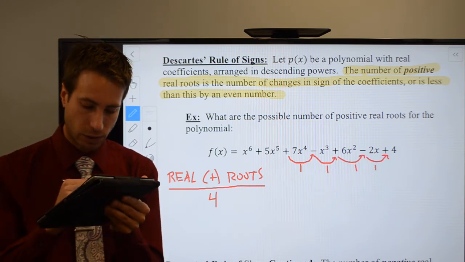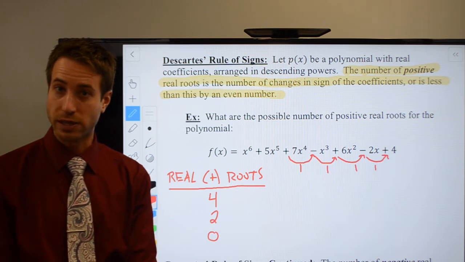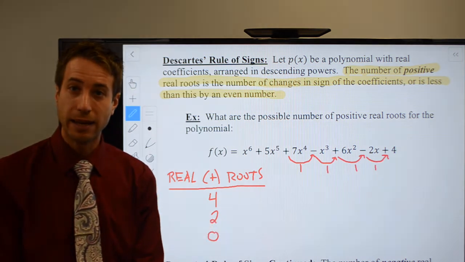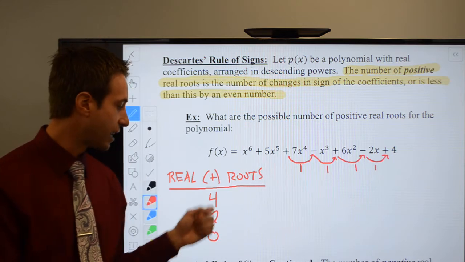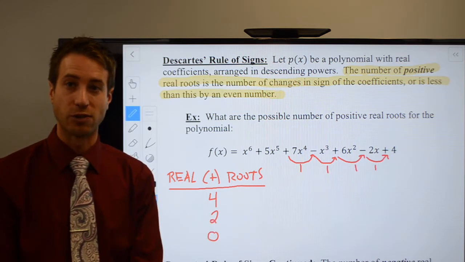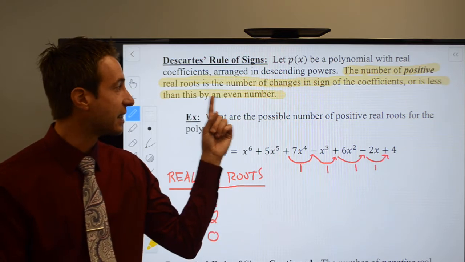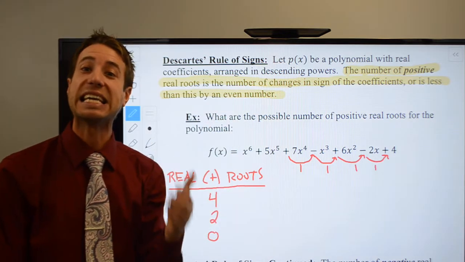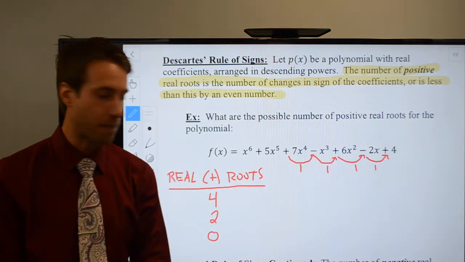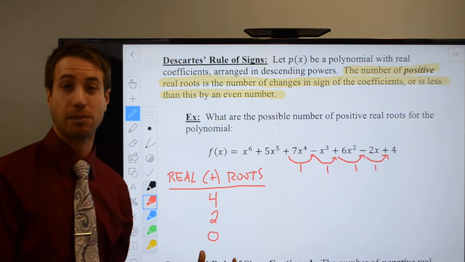Well, 2 or 0. I can't do 3 because 4 minus 3 is 1, and that's not an even number. And I can't do 1 real positive root because 4 minus 1 is 3, and 3 is not an even number. It has to be less than the number of sign changes by an even amount. So 4, 2, and 0 are my possibilities.